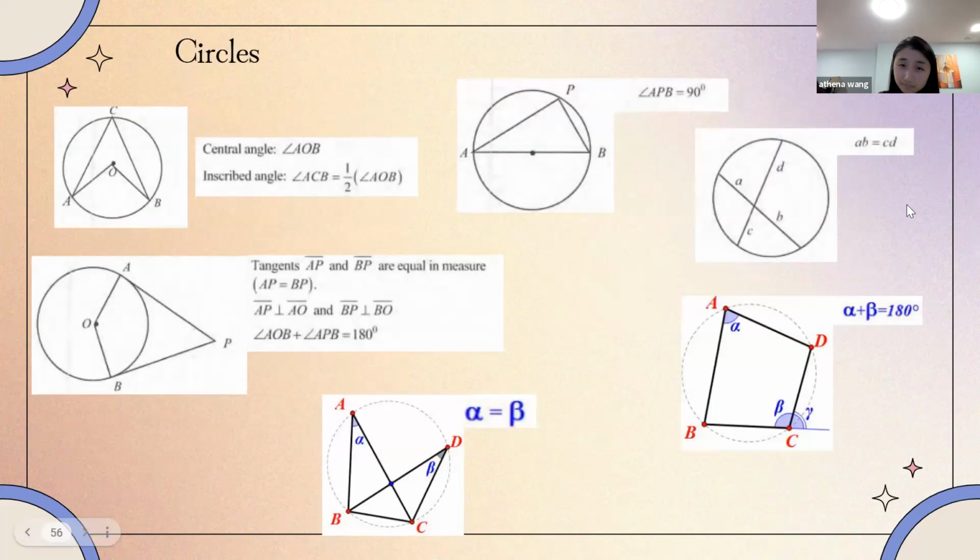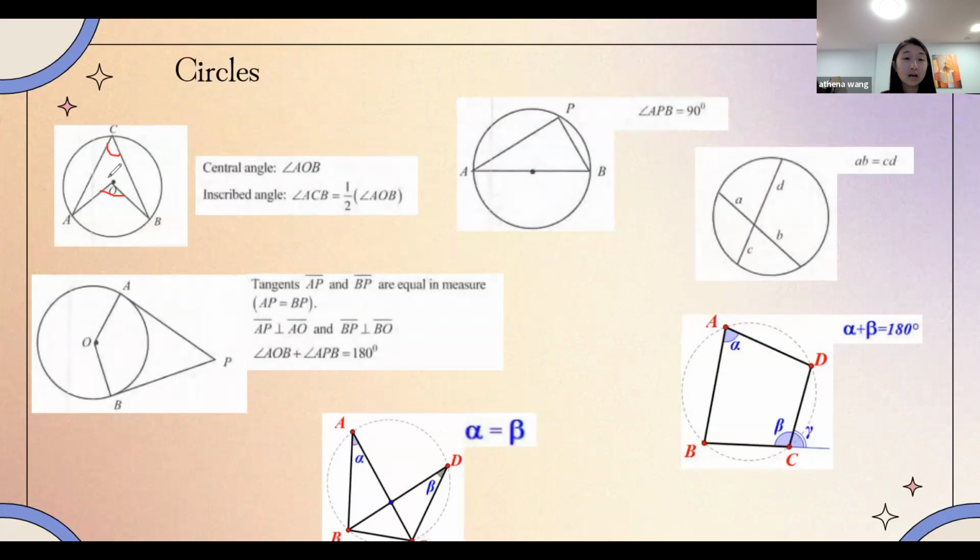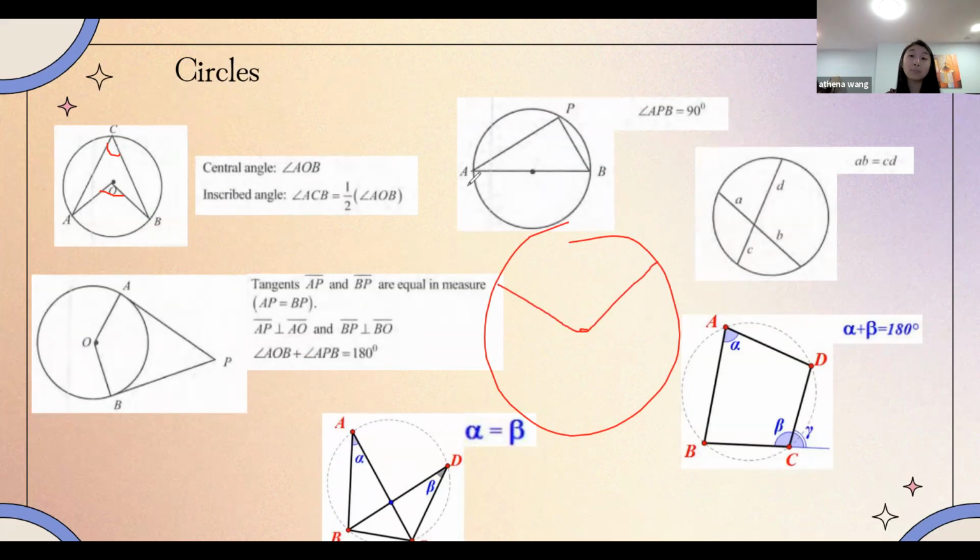First of all, if we know this angle AOB, this is called an inscribed angle. If we draw any circle and we have our center, and take a portion of this circle, this is our first angle, theta.